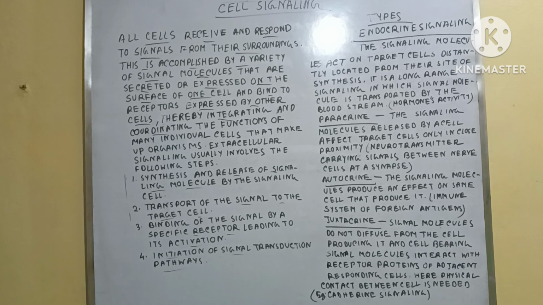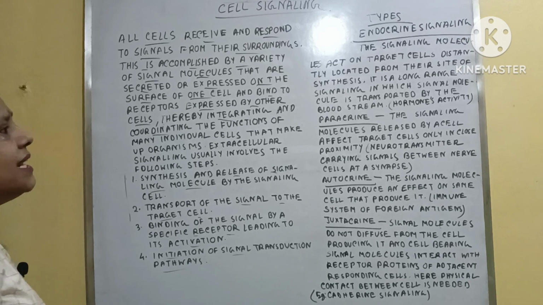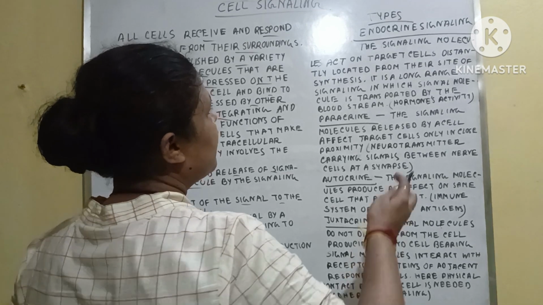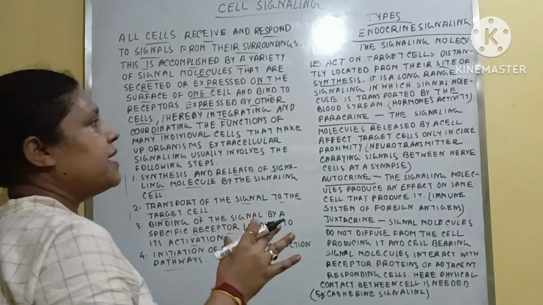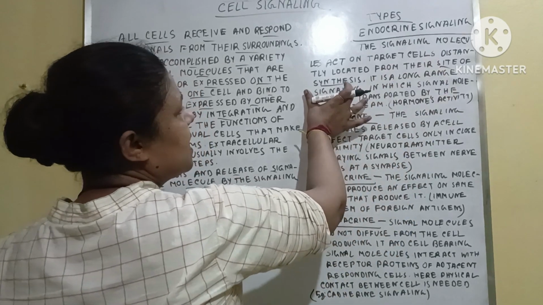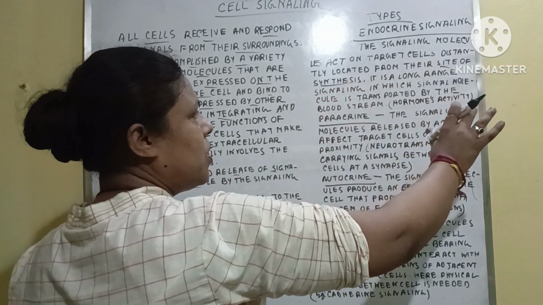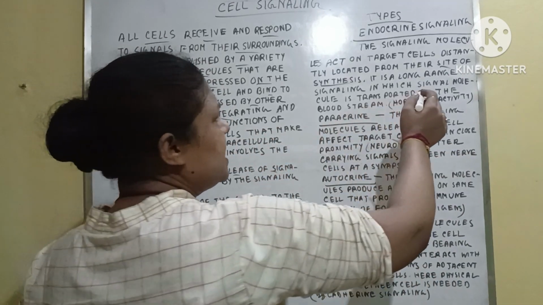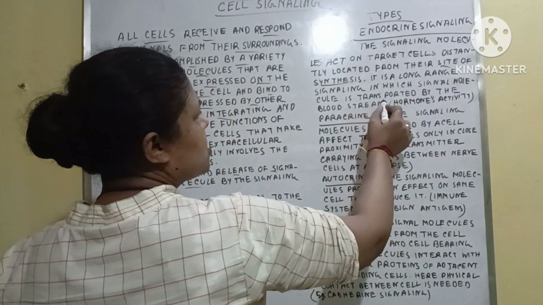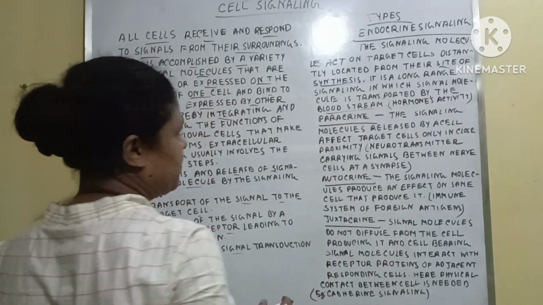In endocrine signaling, the signaling molecules act on target cells distantly located from their site of synthesis. That means here the range of the signaling is high, or you can say long. So here the signal molecules are transported by the bloodstream.